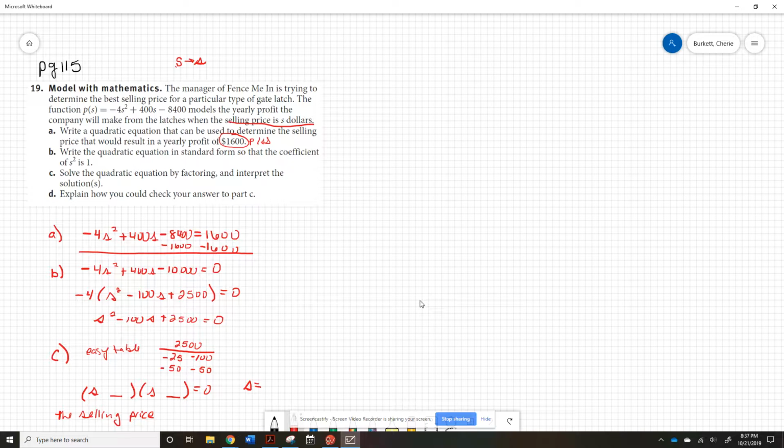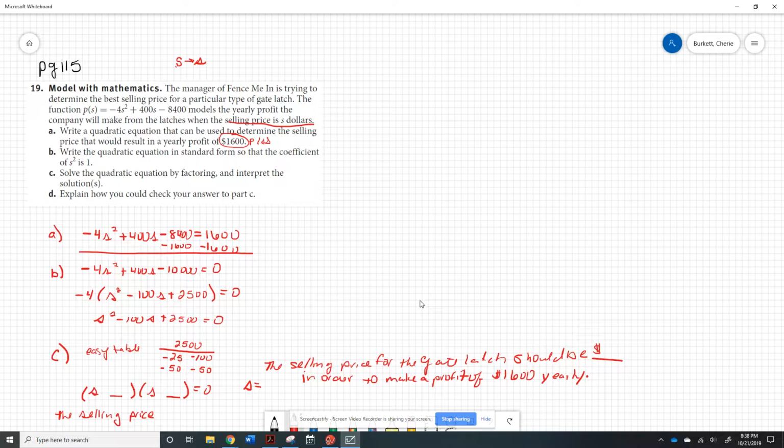So if you come up with S is equal to 10 or S is equal to 50 or S is equal to 30 or whatever the answer is, you would say the selling price for the gate latch should be, you tell me how much money, in order to make a profit of $1,600 yearly. That's how you would interpret your answer.